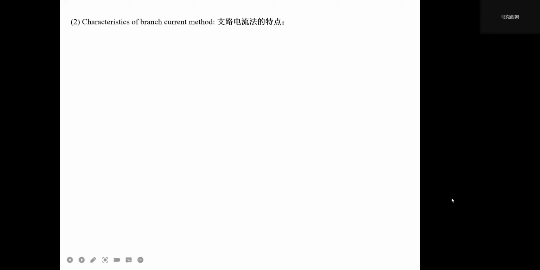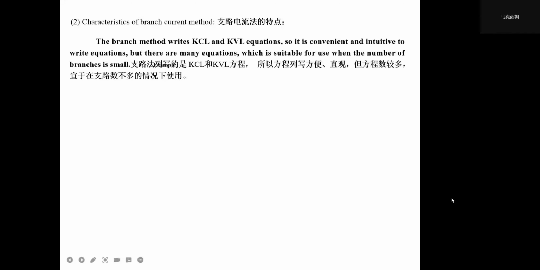So let's talk about the features of this branch current method. This branch current method is very useful, but its very foundation is still the KCL and KVL equations. So if you don't remember this method, it doesn't matter.